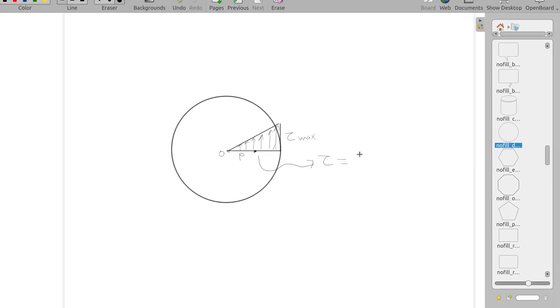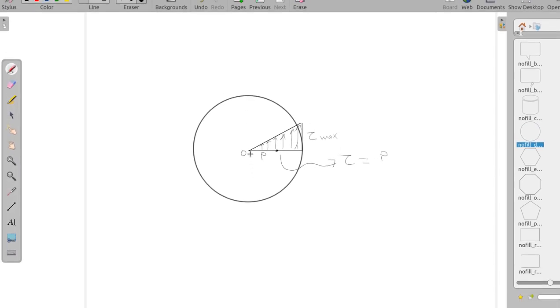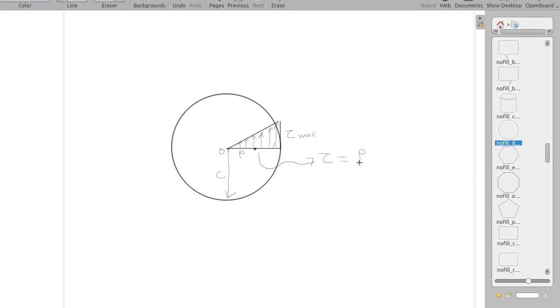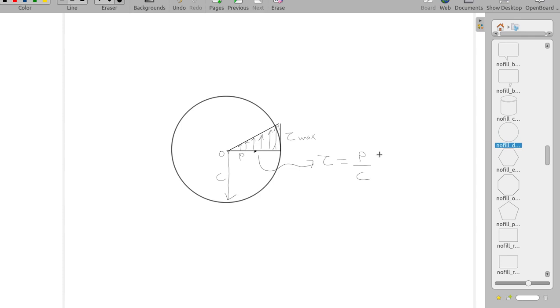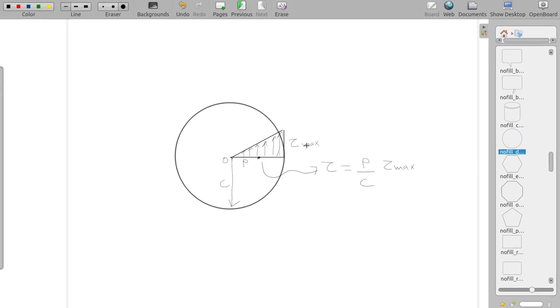So obviously, if the radius of the circular member here is C, shear stress at any point should be rho by C into tau max, right?